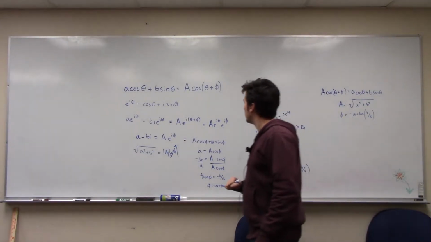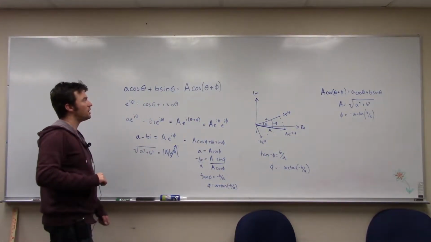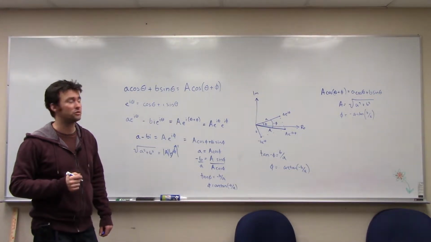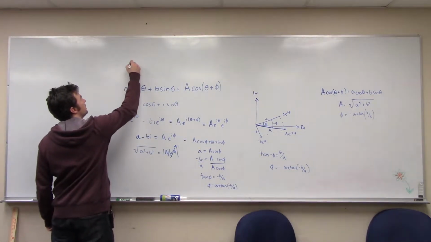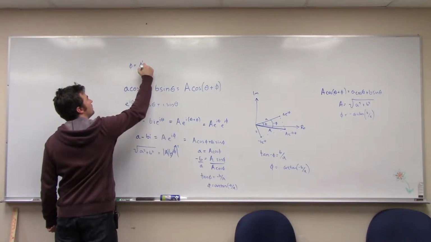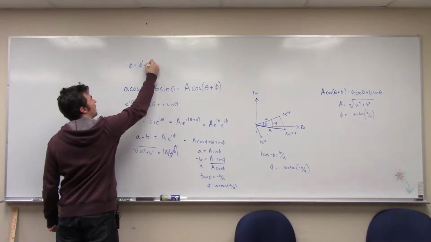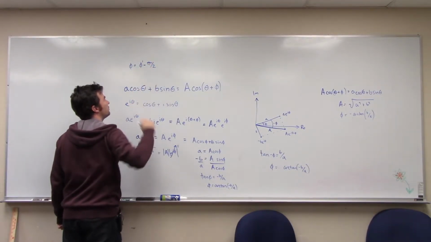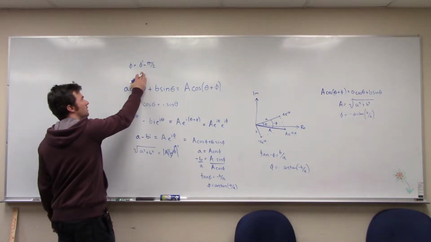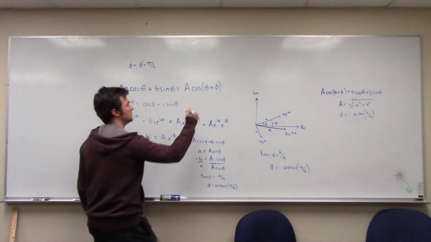But what if I wanted a little bit different identity? What if I wanted this to be a sine here? I'm going to make a variable substitution. I'm going to make the substitution that phi is phi prime minus pi over 2. It's just a phase shift here. So I'm going to substitute in this here.